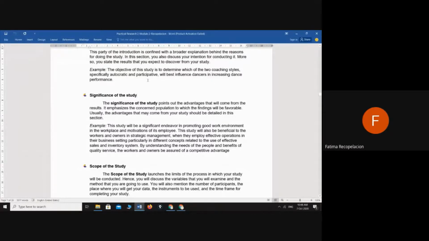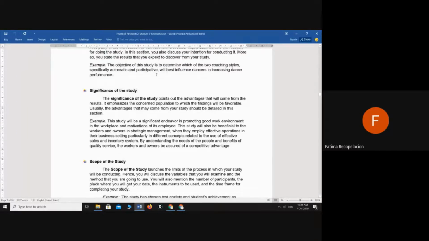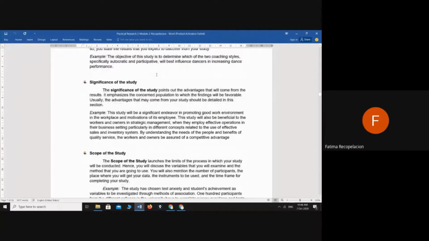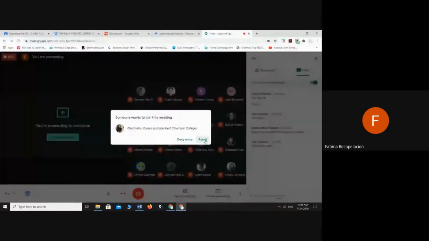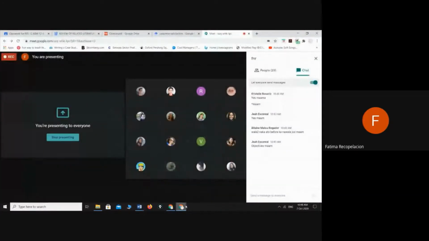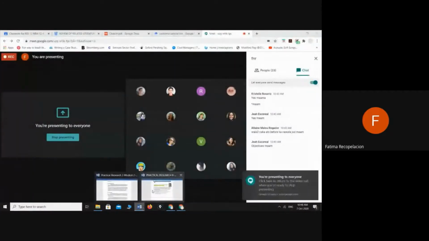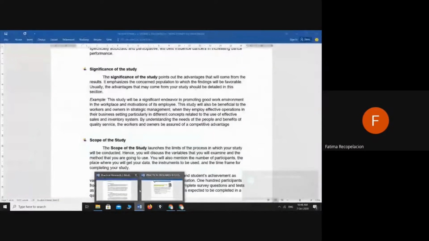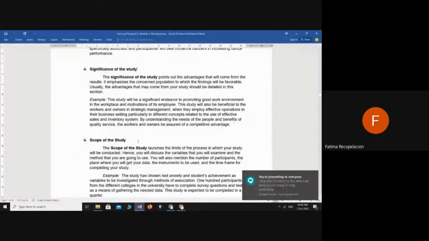You cannot make effort kung ang research paper ninyo wala jud significance. It cannot help anybody. So therefore, you should point out here in this section the significance of the study as well as kinsa tong mga tawo ang maka-benefit from this particular study.